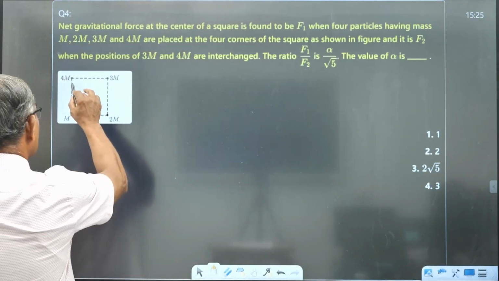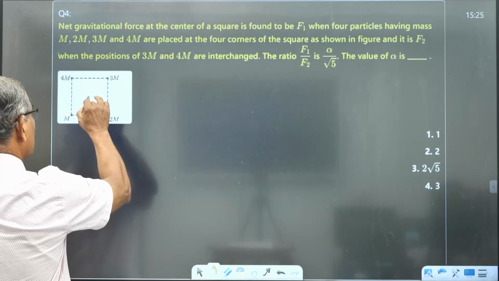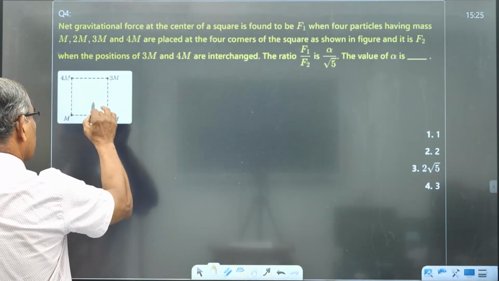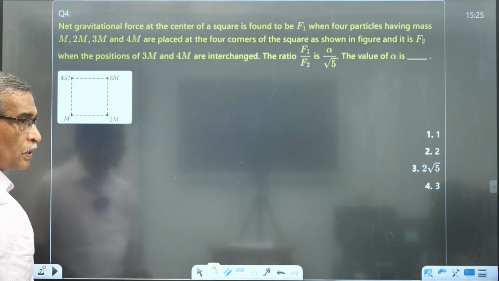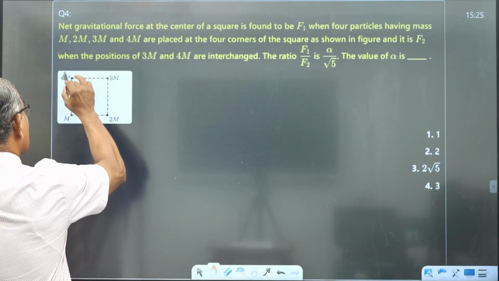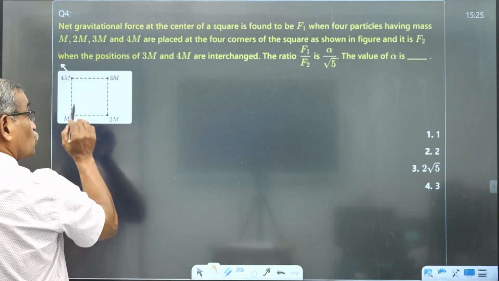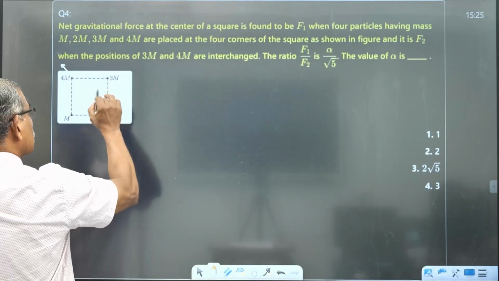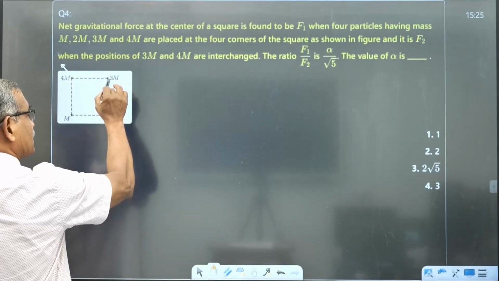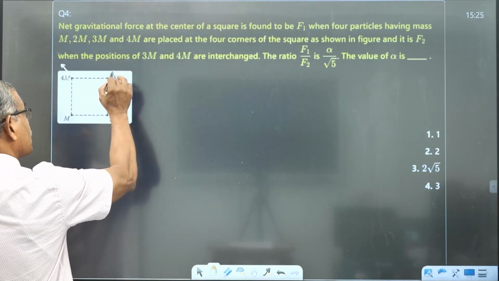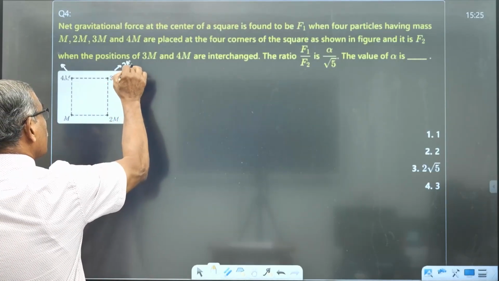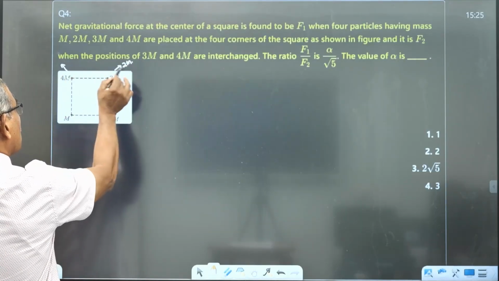Here you can see that if you imagine a unit mass at the center, the force due to 4m and here 2m, and the effective is 2m along this direction. And over here there is 2m due to 2m. And here there is due to, again, m and 3m. Due to m here, 3m is here, and the resultant is due to 2m here. And what is the angle between them?